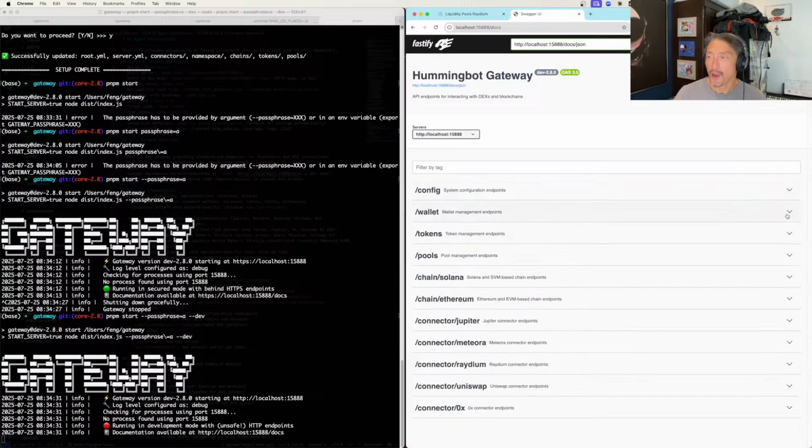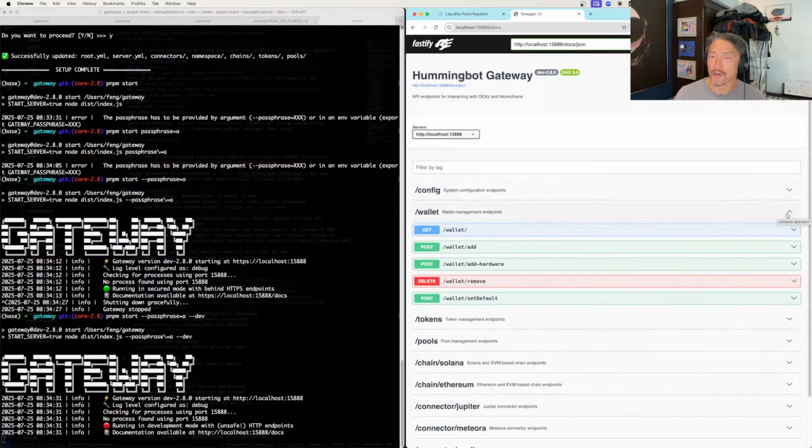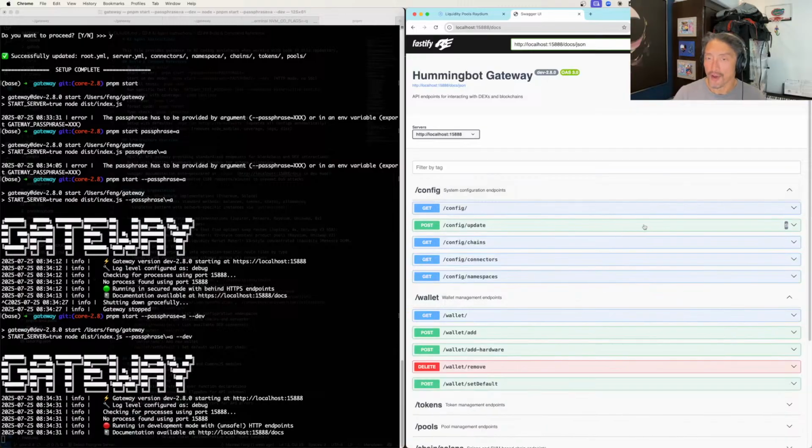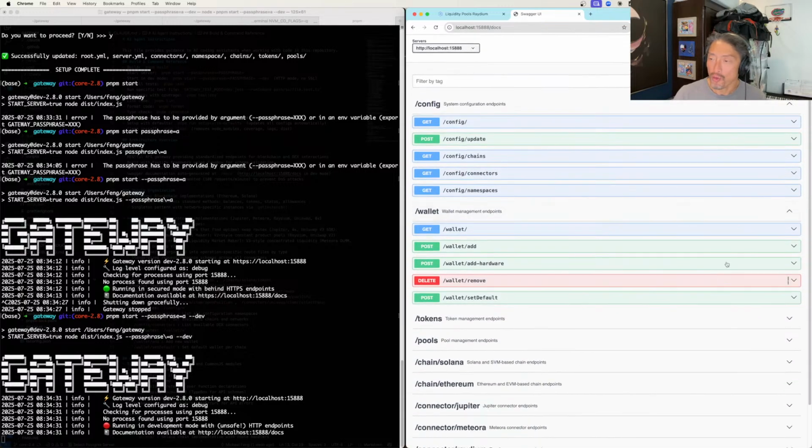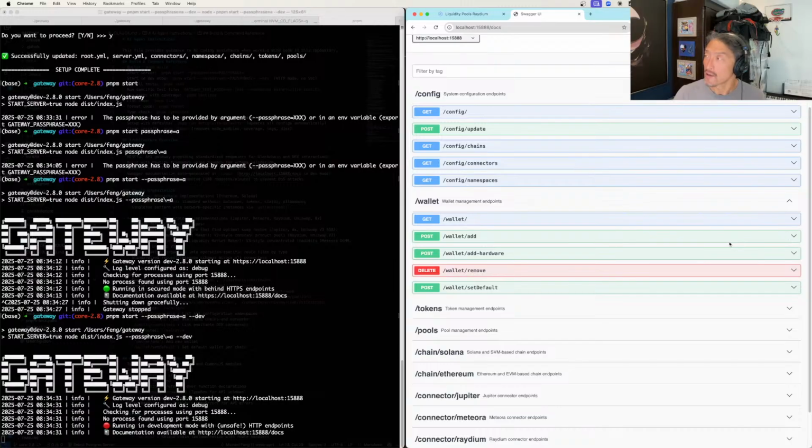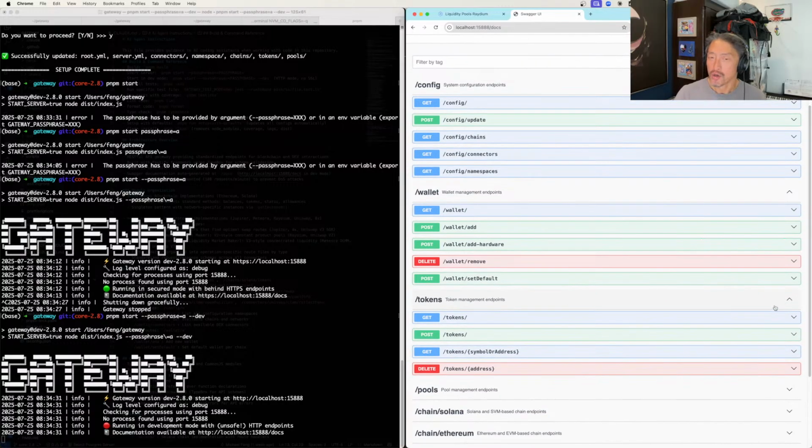Essentially, Gateway is just a REST API server. It allows you to update configurations for various blockchains, DEX connectors, and so forth. You can add and remove wallets, including a hardware wallet. You can add and remove tokens. These are individual lists for each blockchain network that you maintain, like a mapping between a symbol and an address.